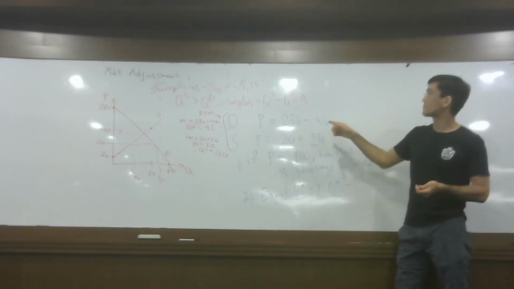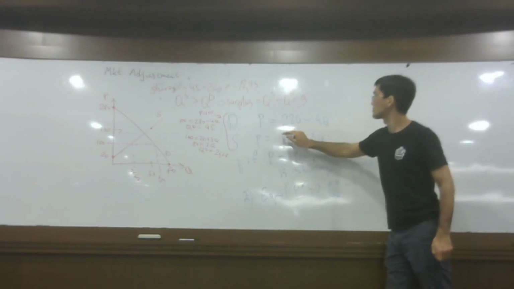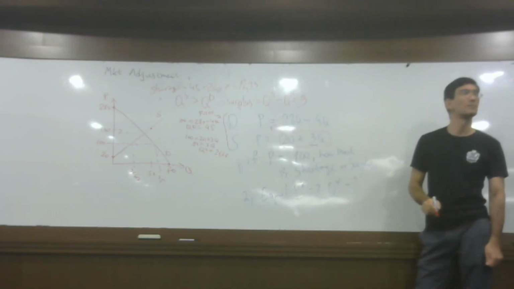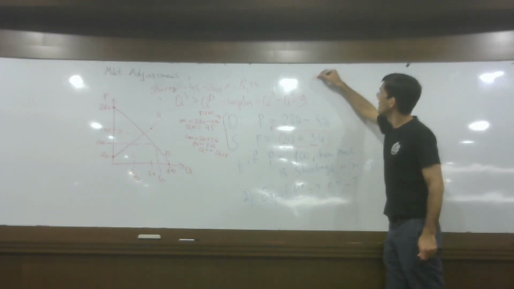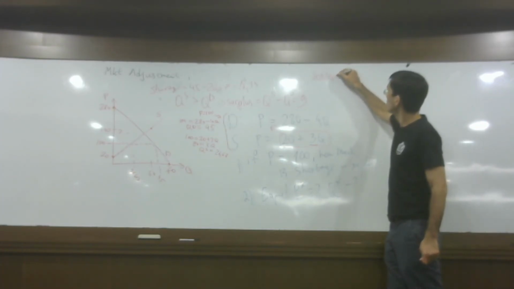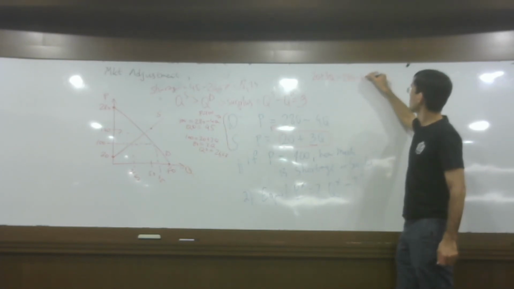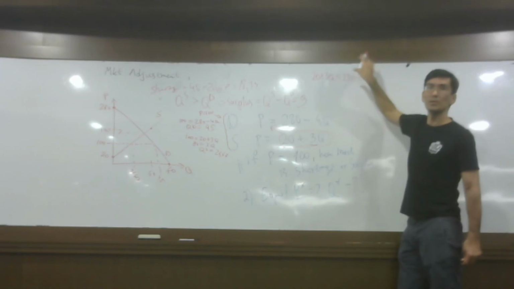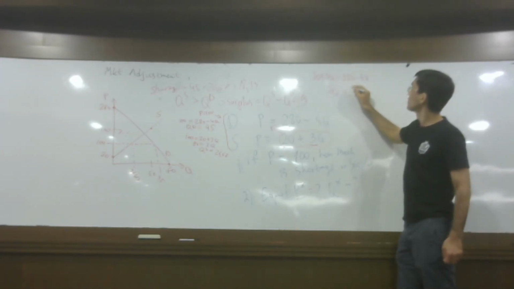And to answer the second question, again, we can just do the substitution. Substitute this over there. That's going to give you 20 plus 3Q equals 280 minus 4Q. So bring everything with a Q to the left side. That will be 7Q equals 280.